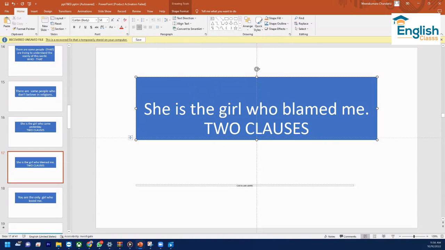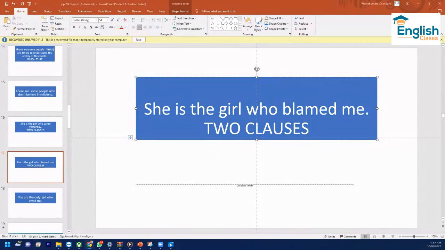Instead of the girl, we have used who in the second clause here. There are two clauses. First clause is she is the girl. Second clause is who blamed me. We call it the relative clause. We use the relative clause to give more information about the main clause.